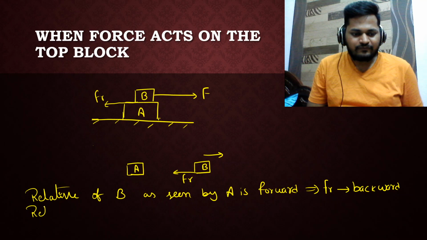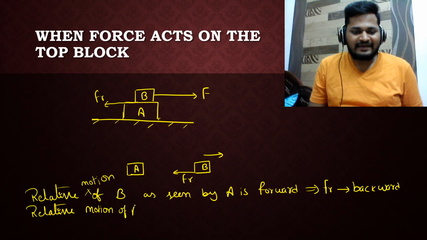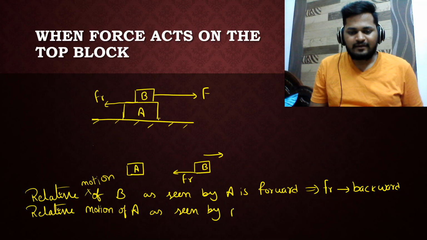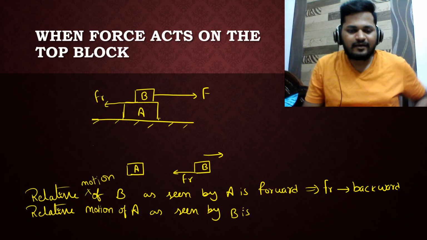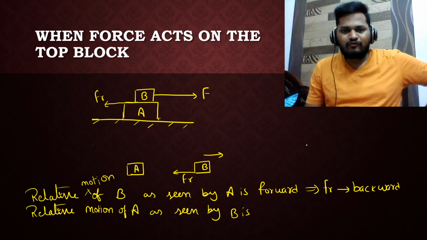Like this. Then, relative motion of A as seen by B. Sorry, I missed the term motion previously. Relative motion of A as seen by B will be, so B is moving forward.